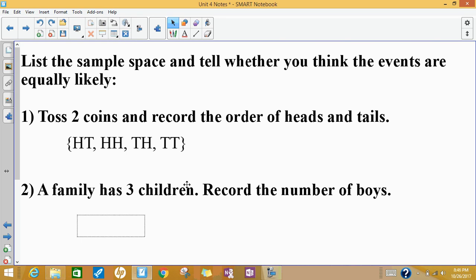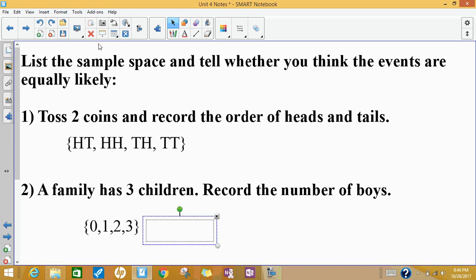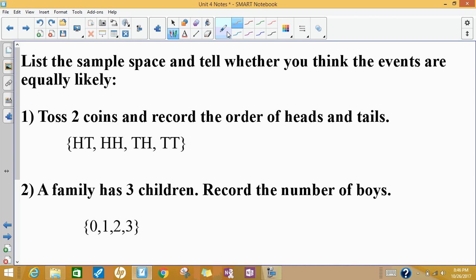Another one is having 3 children. We're looking to record the number of boys out of those 3 children. So we could have 0 boys, we could have 1, we could have 2, or we could have 3. Okay, the other thing in this question was we wanted to determine whether or not these things were equally likely.